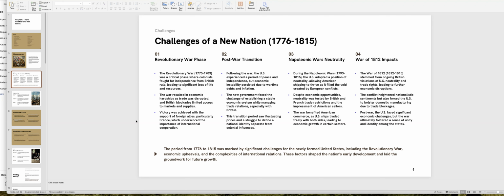Then the French have the Napoleonic Wars between 1793 and 1815. This would be when those like Washington and Jefferson were having the US adopt policies of neutrality.